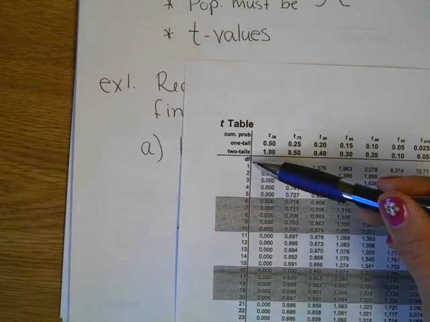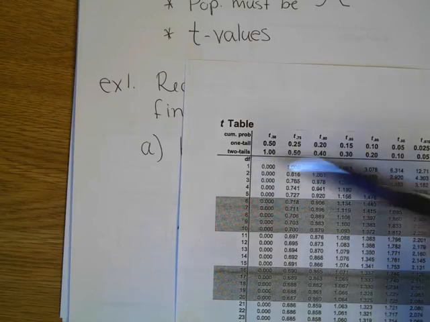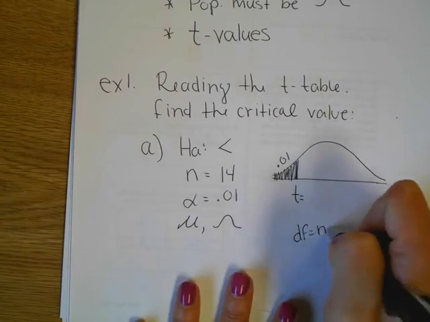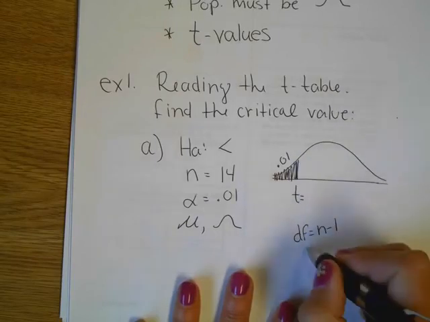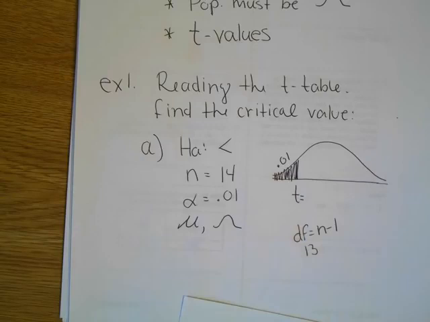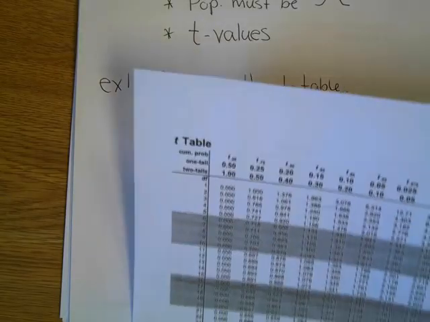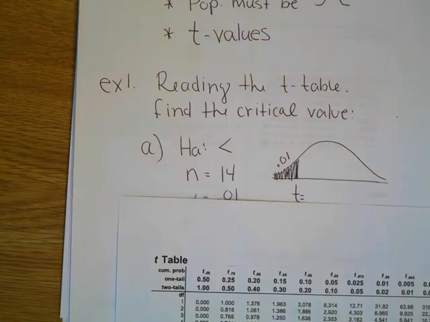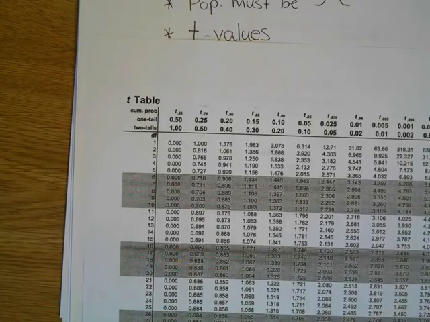Degrees of freedom again. So how do we get degrees of freedom just from last chapter? N-1. So df is still N-1. So we are going down to 13 degrees of freedom. And how much area do we have behind us? 0.01.